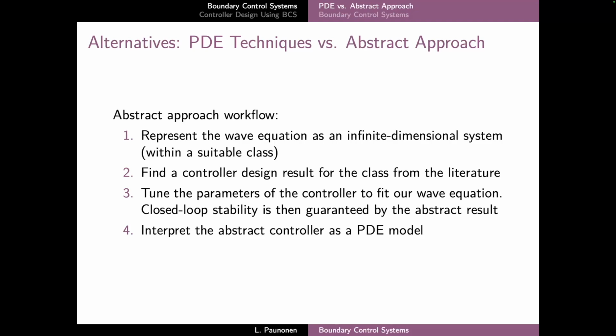And then the same result would also guarantee closed loop stability provided that these parameters are chosen in an appropriate way. And the controller we designed this way is also an abstract control system. And in order to get the final controller, which is also a PDE model, we would want to reinterpret our abstract controller as a PDE.